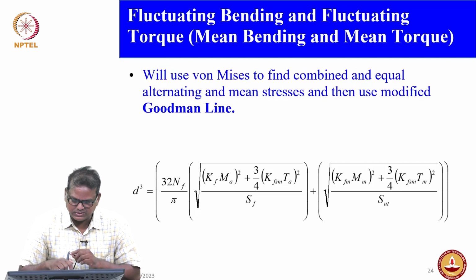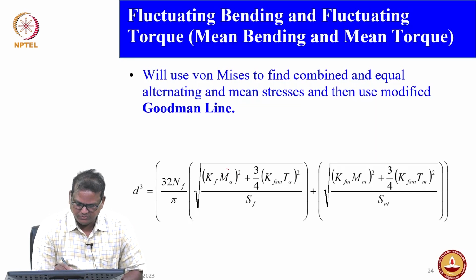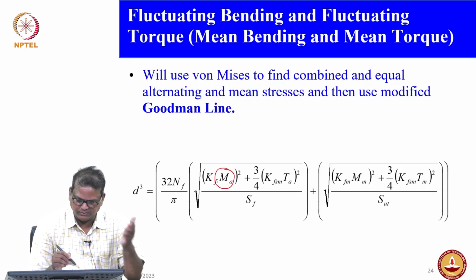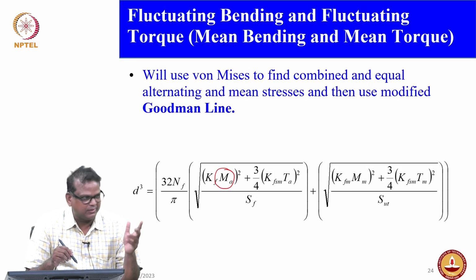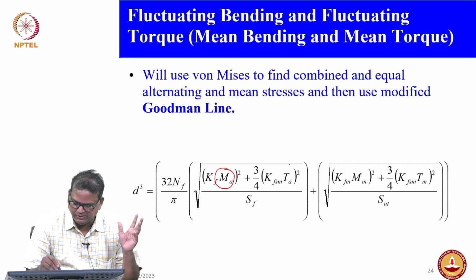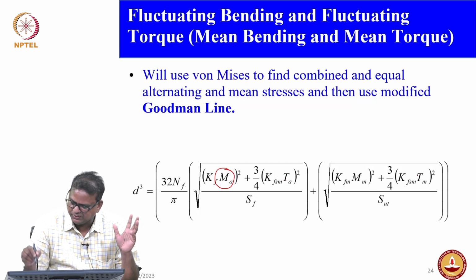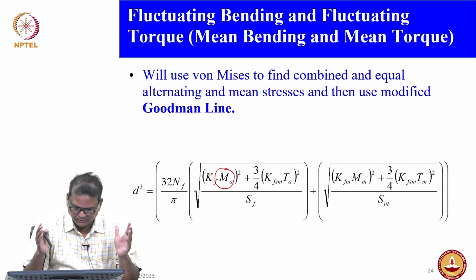So again you could see here, Ma you have to find out from your shear force diagram and bending moment diagram. Similarly the other information, and these Kf, Kfs, Km all are related to your stress concentration factor. Please refer to the machine design book by Robert Norton, which gives the complete information.